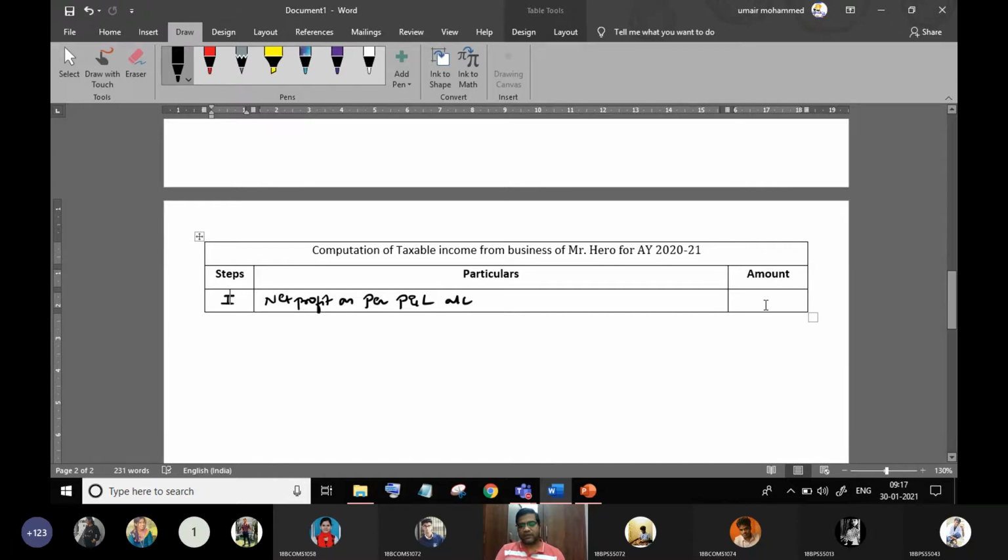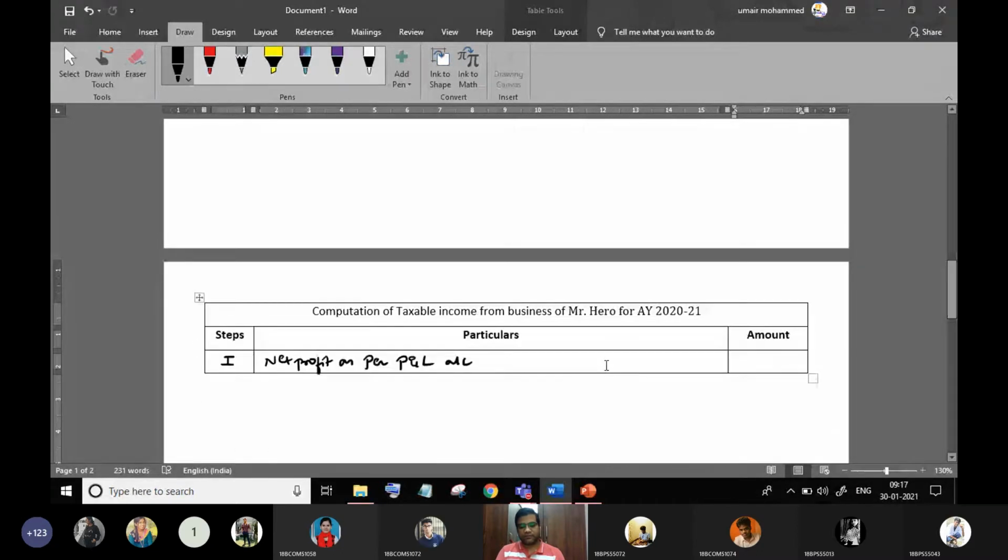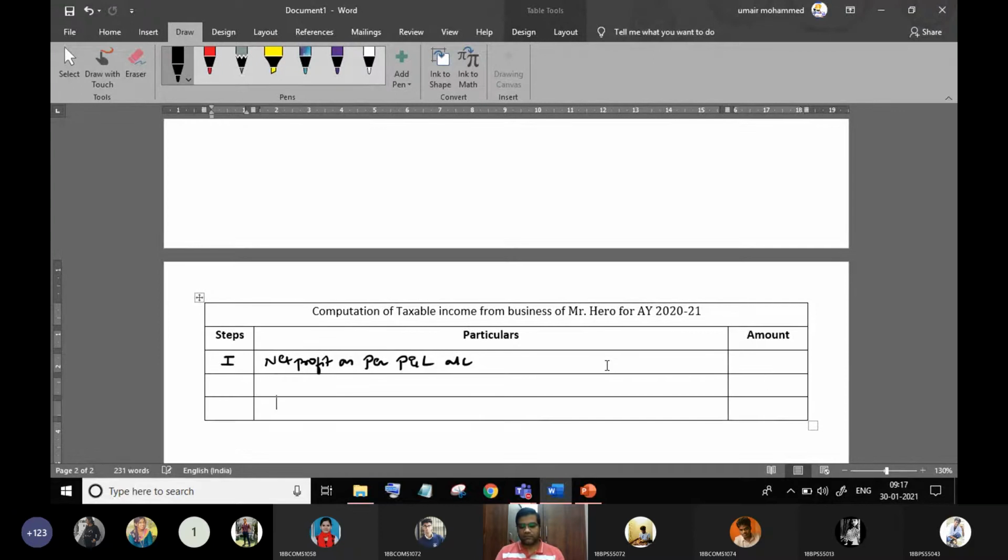So as per profit and loss account, as we can see here, the net profit is 90,000. So let's write that down. $90,000.